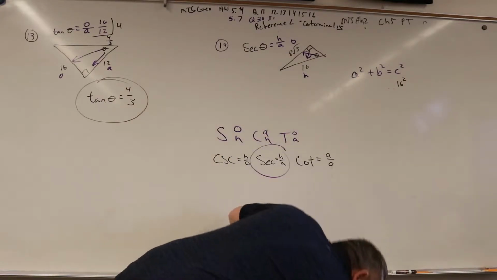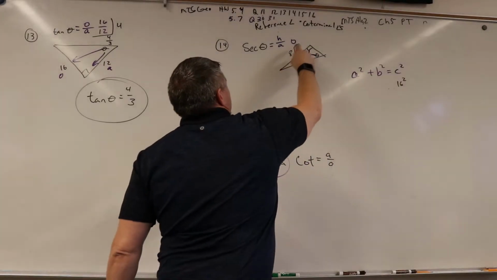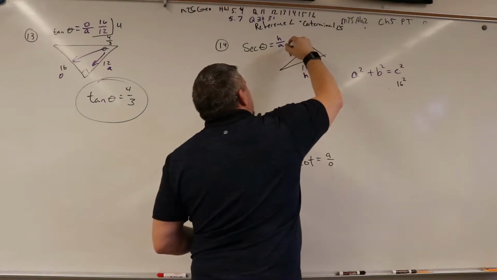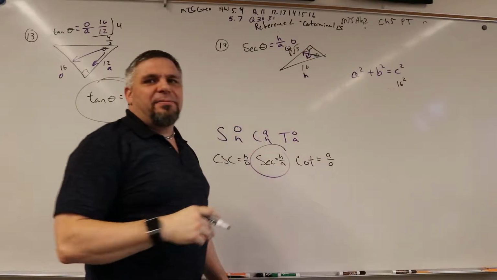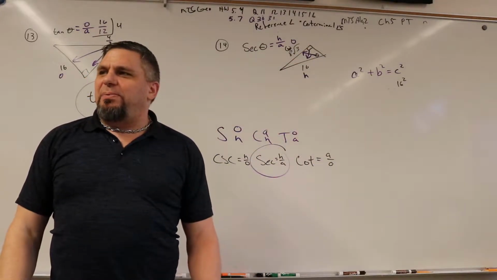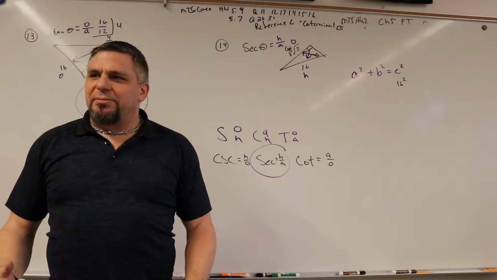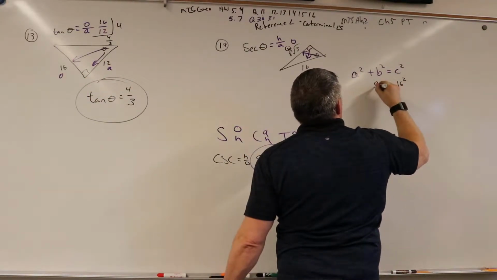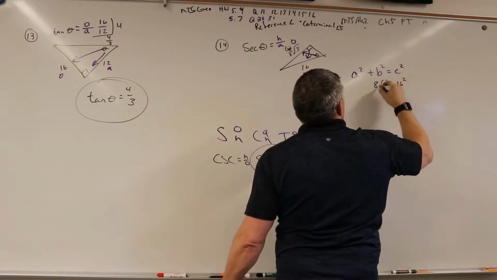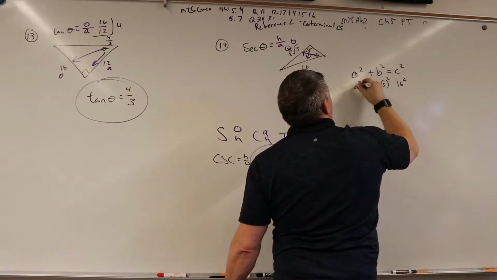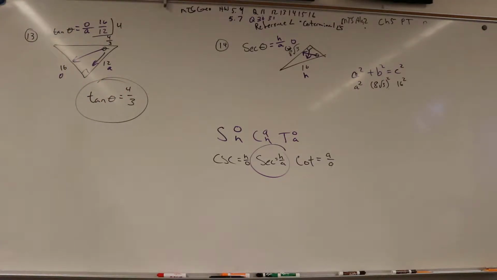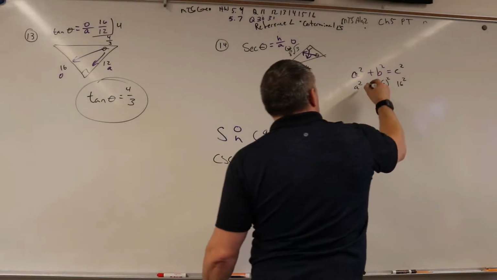It doesn't matter which one is which, so I'm going to use 8 square root of 3 as B, because when I write a B, people think it's a 6. So I'm going to write 8 square root of 3, squared, and then A squared, and that way my A looks like an A.